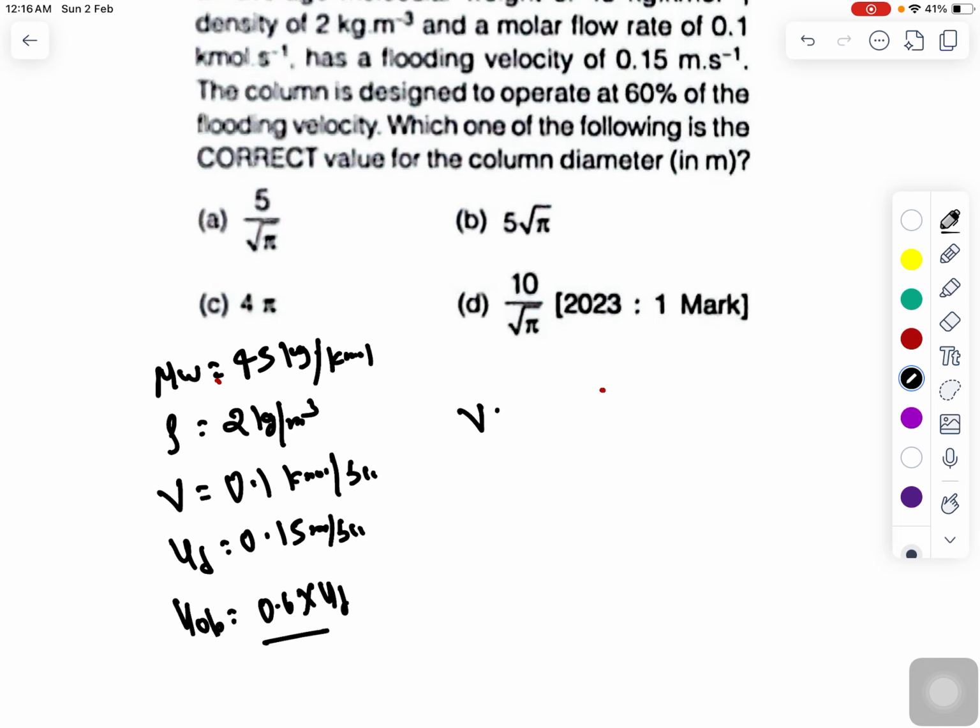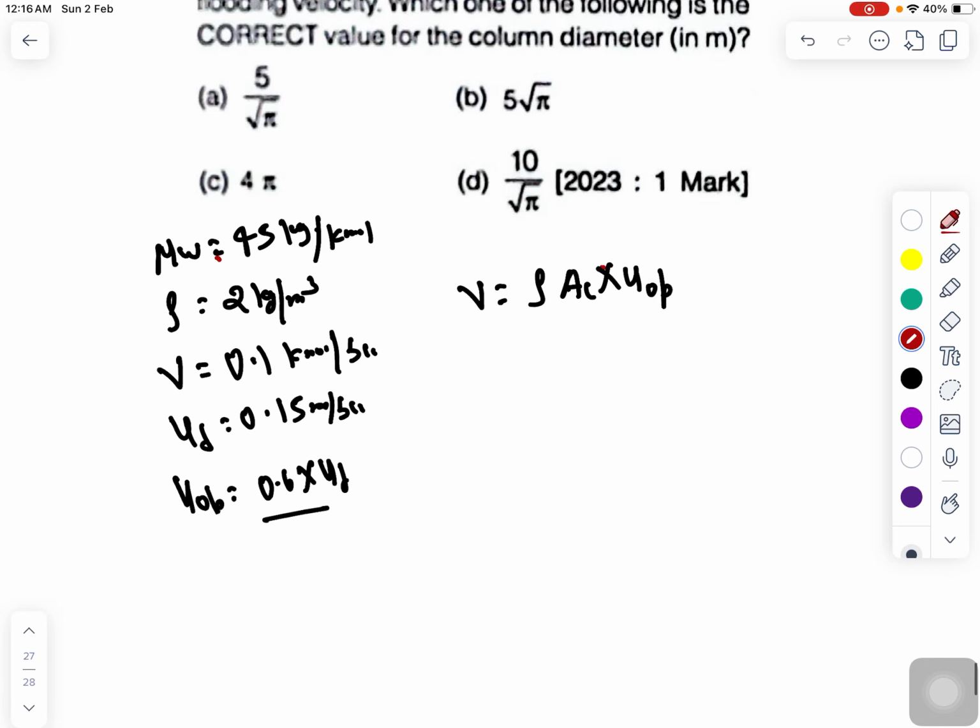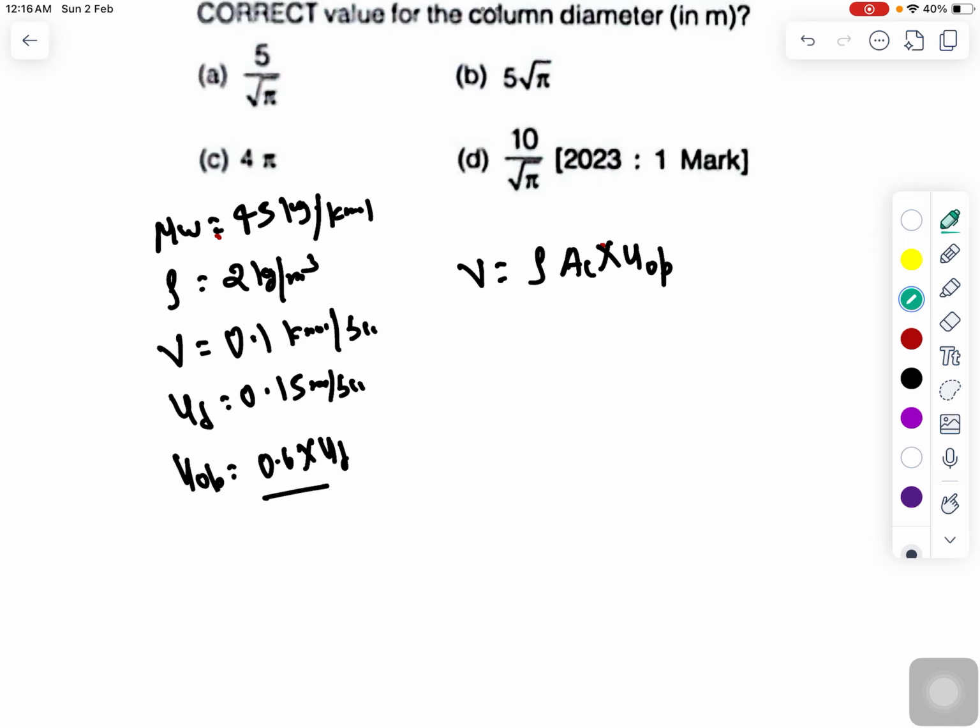When we talk about vapor flow rate, it can be written as the cross-sectional area into density into operating velocity. Is that clear? The vapor flow rate is 0.1 kilomole per second. Density is given as 2 kg per meter cube, so if I divide the density by 45 kg per kilomole, that will be in kilomole per meter cube.